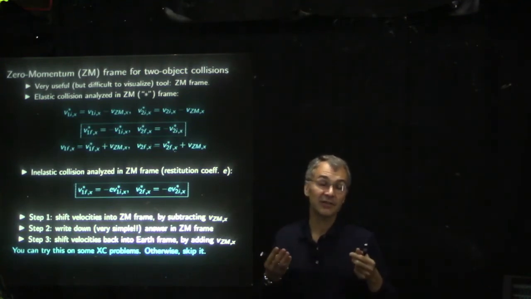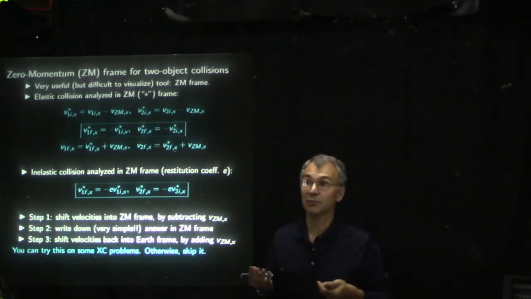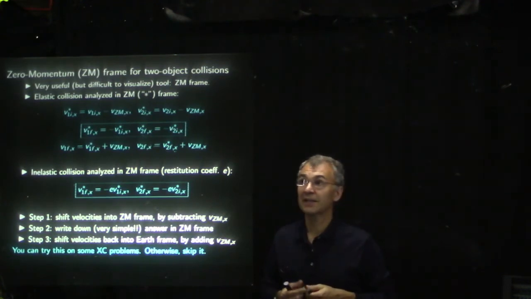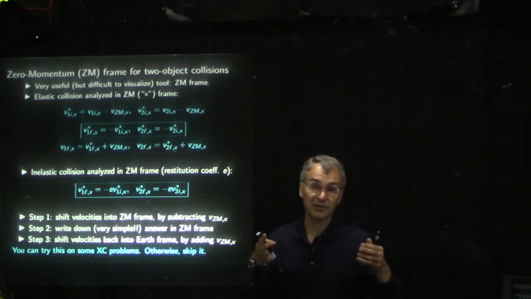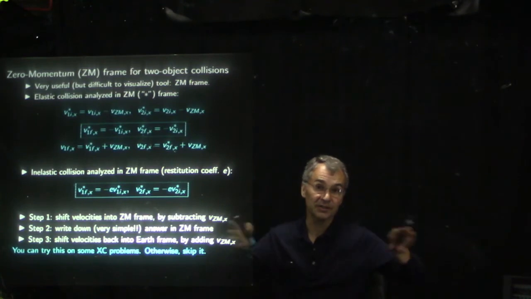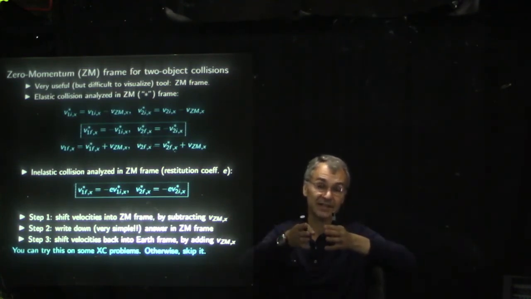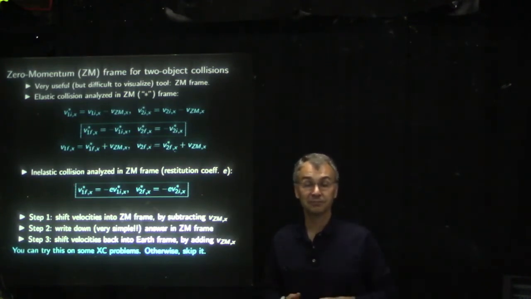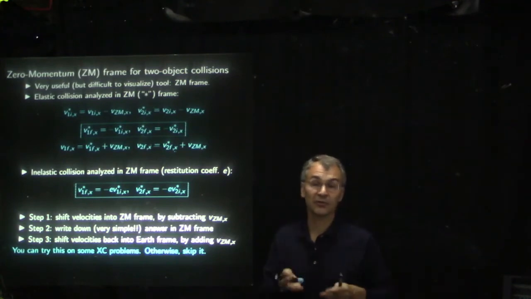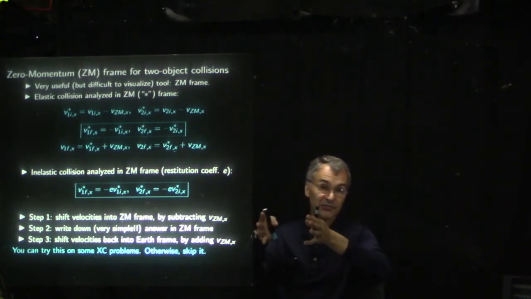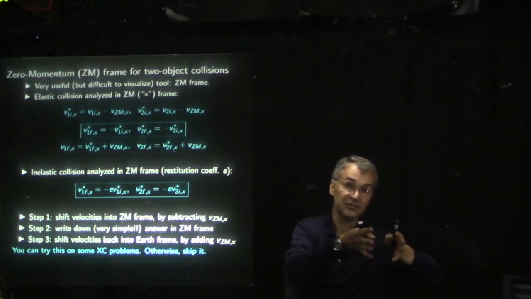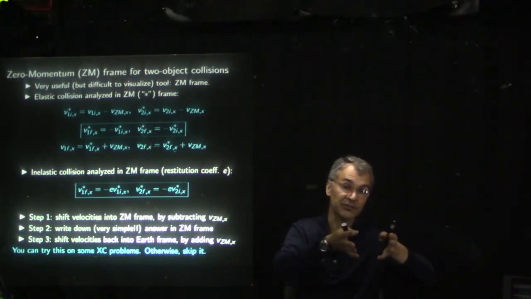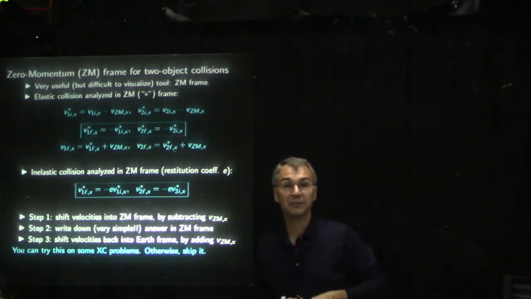So in the center of mass frame, which our book calls the ZM frame, elastic collisions look extremely simple. The velocities just negate themselves. So each velocity after colliding is just the negative of that velocity before colliding. That's all. So the trick is you take the velocities, you shift them into the ZM frame, and then you just negate the sign of each velocity, and then you shift back to the Earth frame.